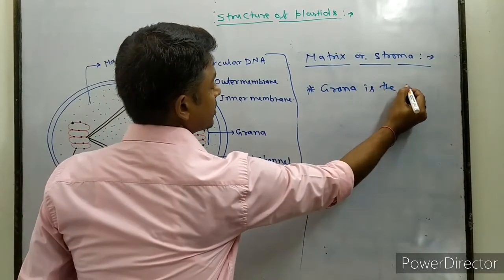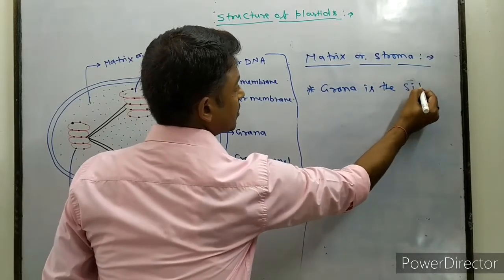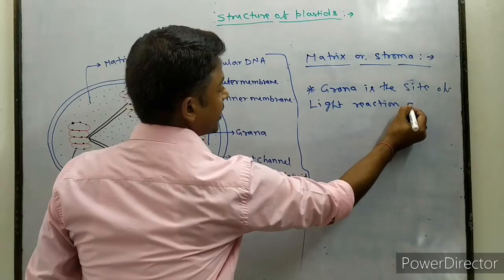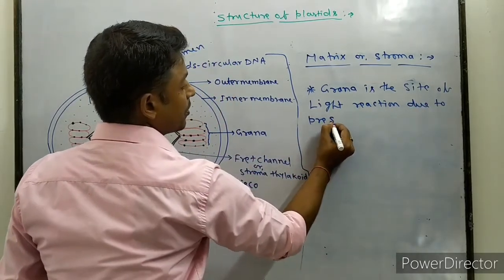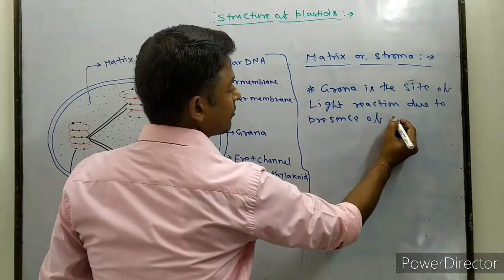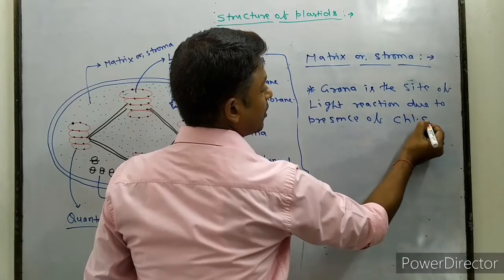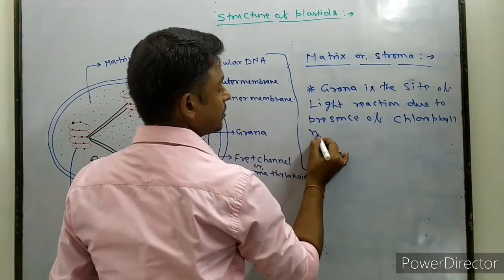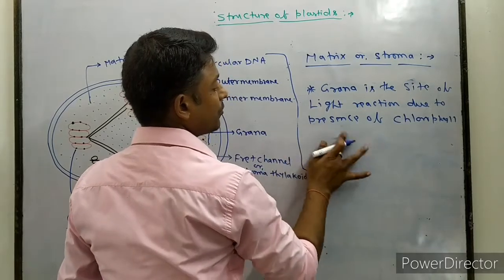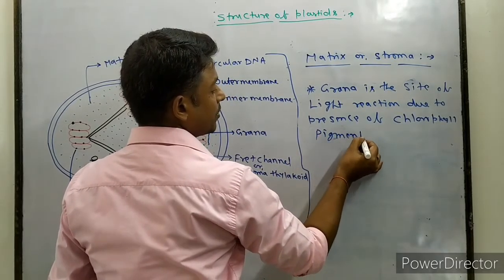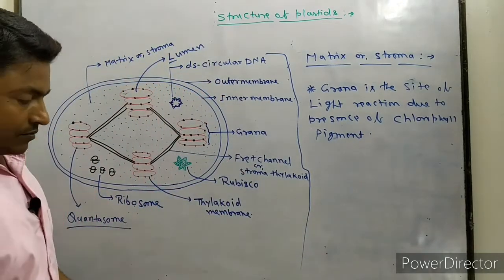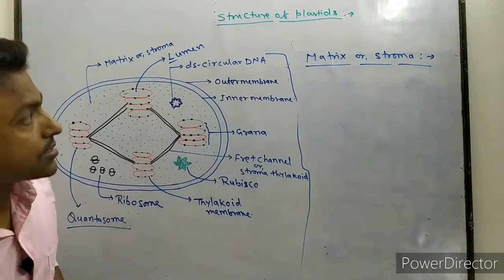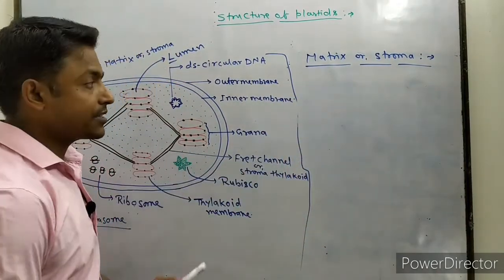An important point related to grana is also discussed here. Grana is the site of light reaction due to the presence of chlorophyll molecules, chlorophyll pigment. Now we will discuss stroma or matrix.